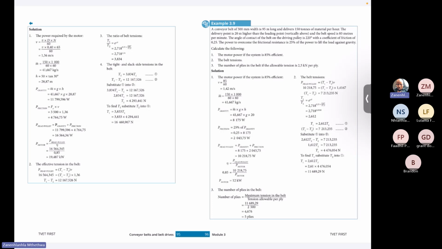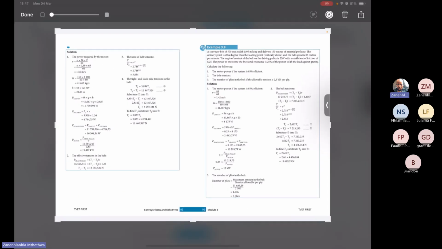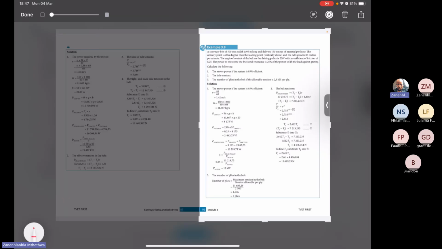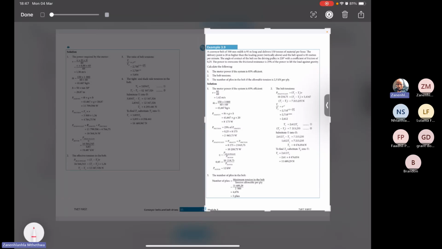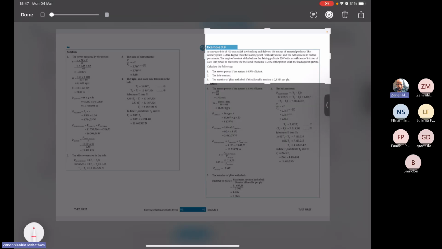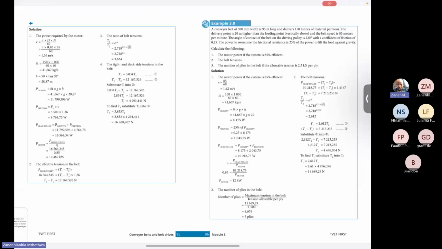I think it touches on everything concerning conveyor belts. Yeah, we can use this.